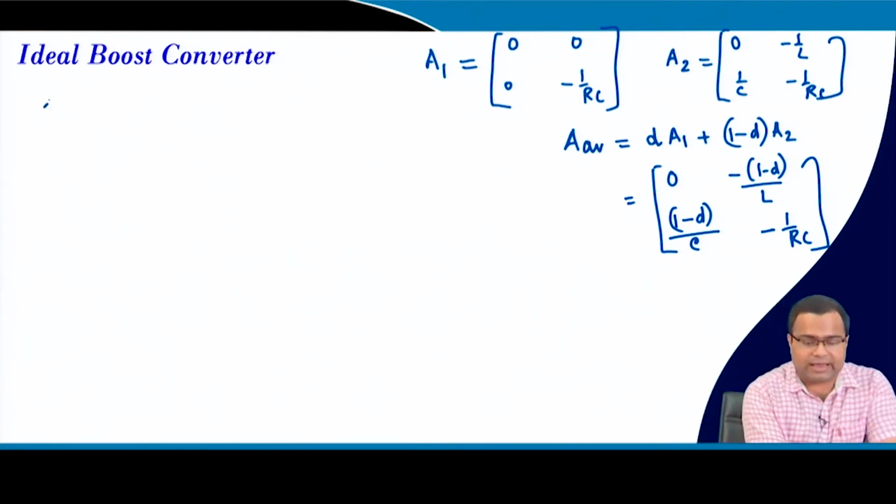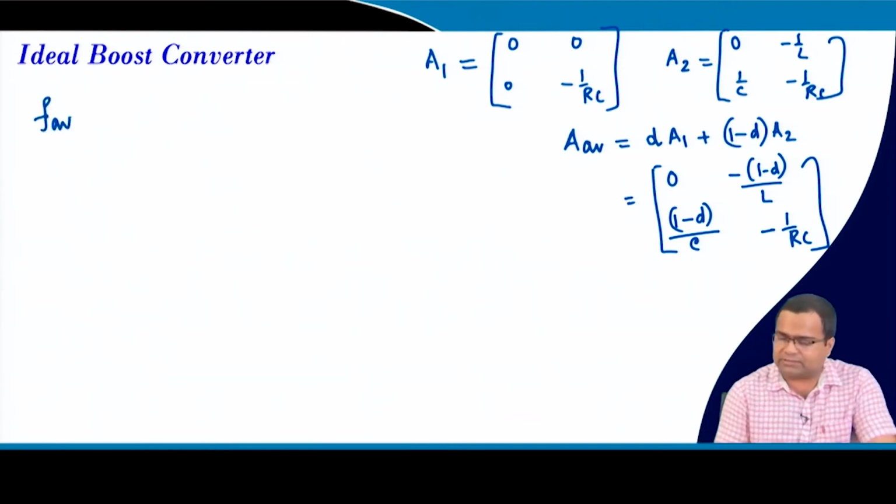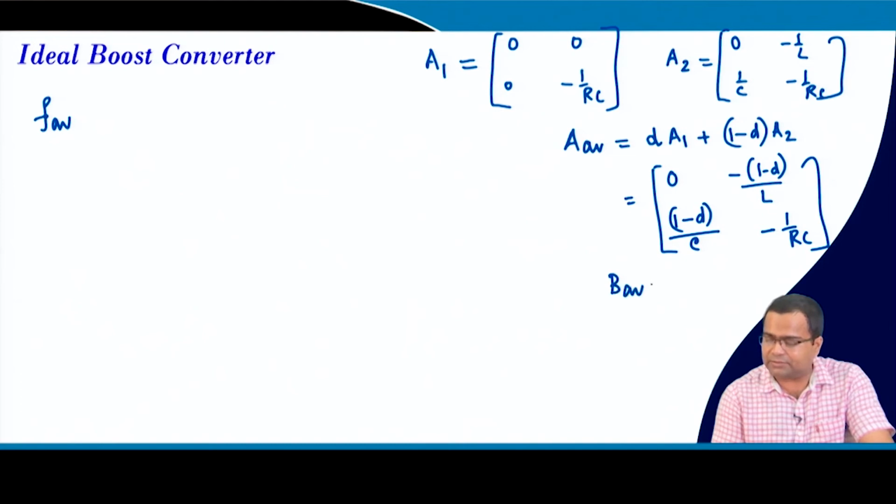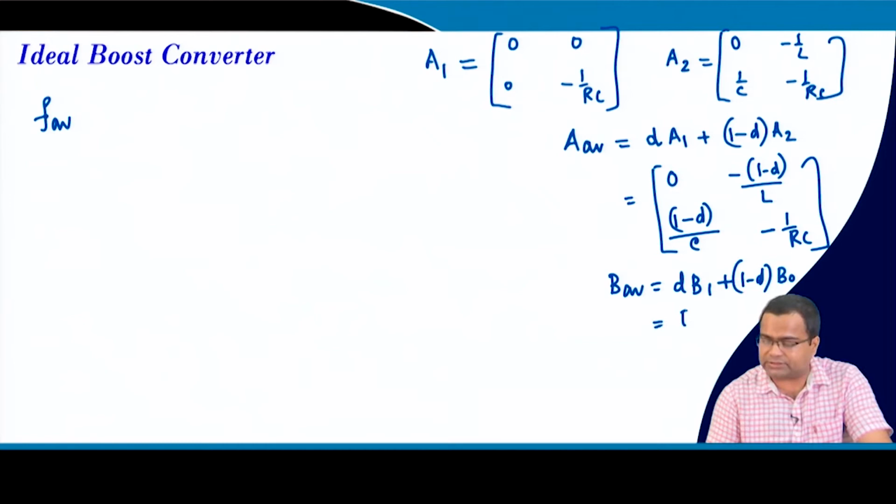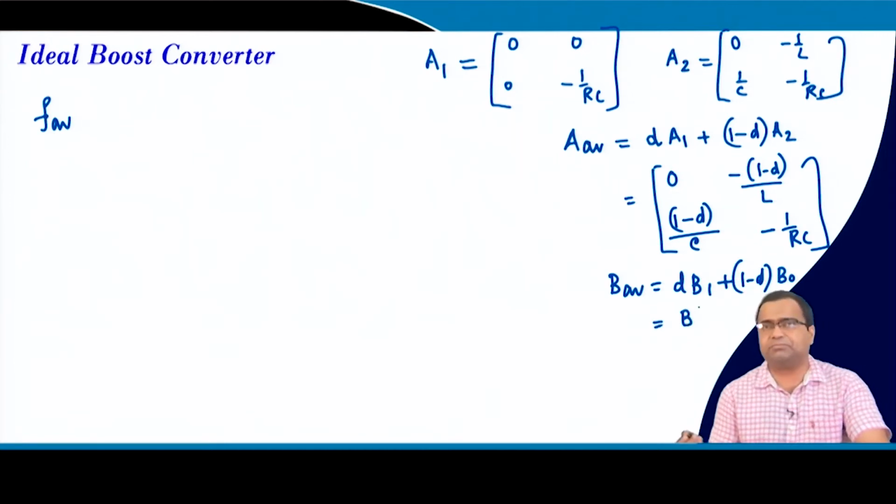Then what is my B average? Again D into B1 plus (1 minus D) into B0. Since these two matrices are the same, it is simply B, which is either B1 or B0, whatever, they are all equal.